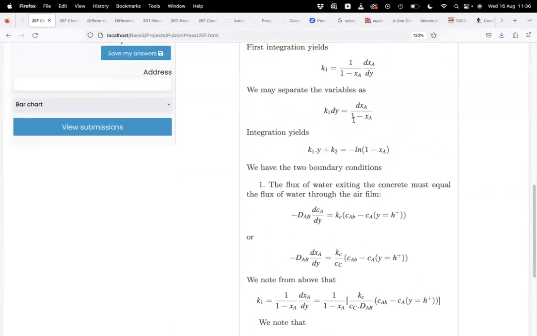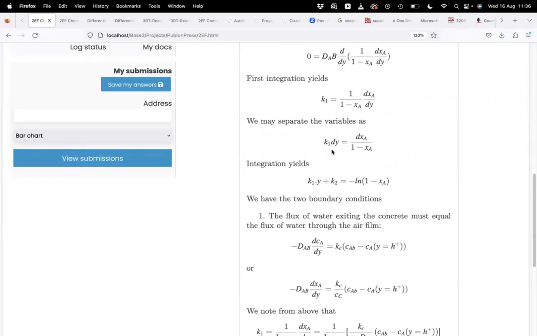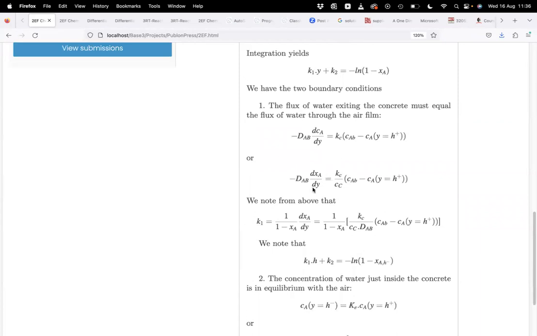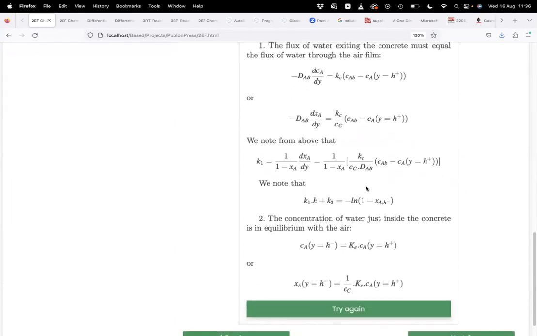Looking at this form, we can see that this K1 equals this, and for this dx/dy, we have an expression. From our boundary condition, dx/dy at the surface is known in terms of these other quantities. So we can substitute that in our balance, and that gives us one relationship to get K1.